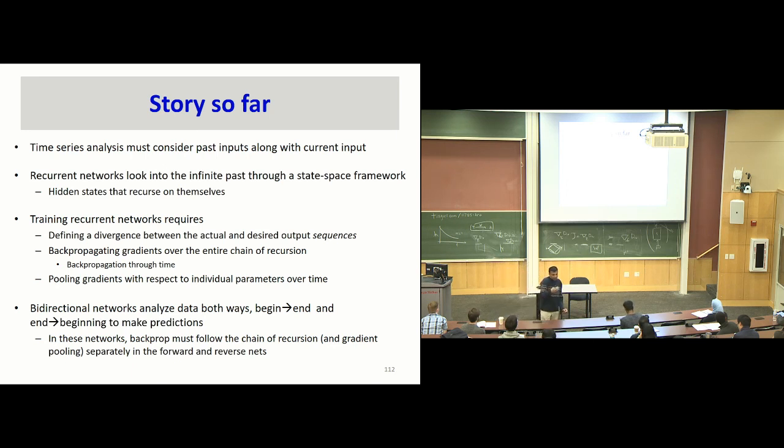Backpropagation requires backpropagation of gradients over the entire chain of recursion, and you will pool gradients with respect to individual parameters over time, right? The pooling is important. Bidirectional networks analyze the data both ways, beginning to end and end to beginning.